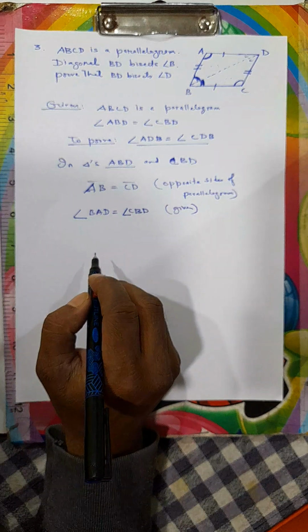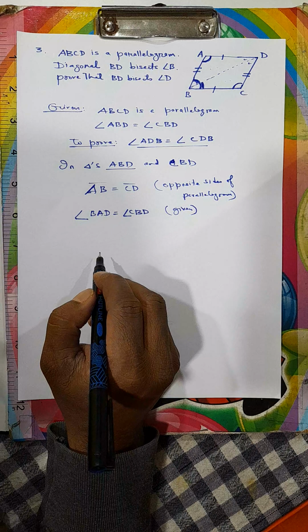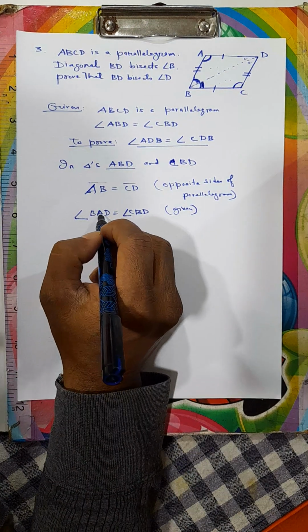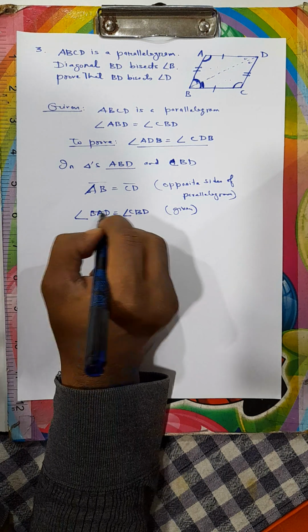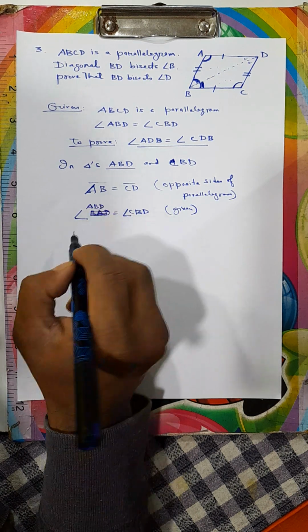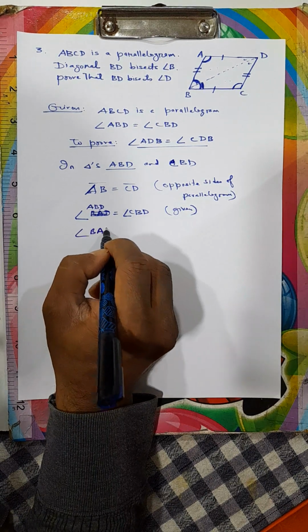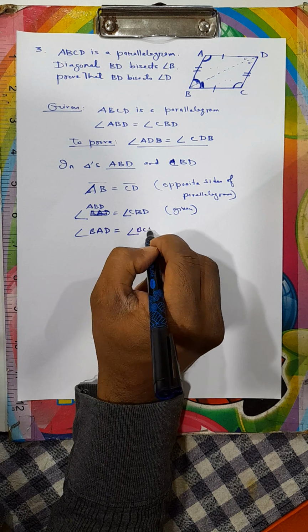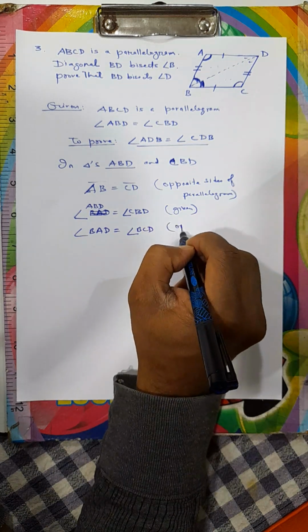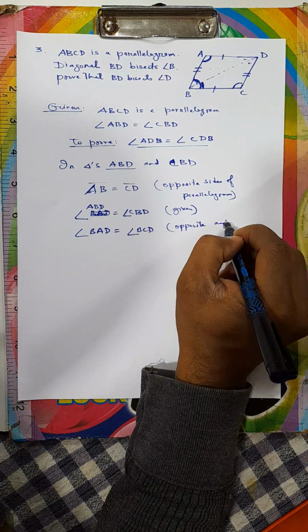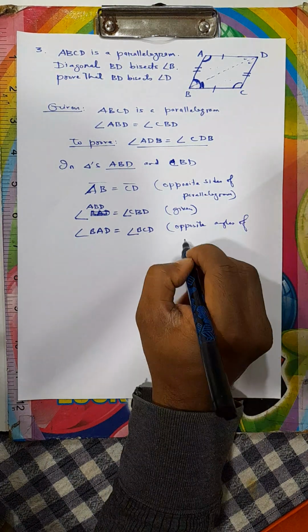Then you find angle BAD, sorry, you should write here ABD. Then you find angle BAD equal to angle BCD, opposite angles of parallelogram.